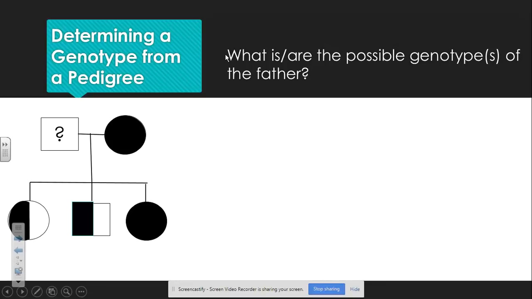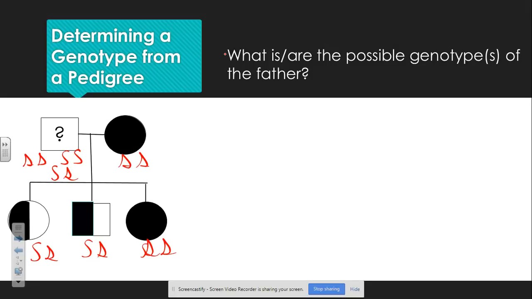Okay, now we have another pedigree where we can tell who is heterozygous. So we're going to go ahead and assume we're doing sickle cell again. Right, and we know that dad has sickle cell. So we need to determine if mom is homozygous recessive, homozygous dominant, or heterozygous.